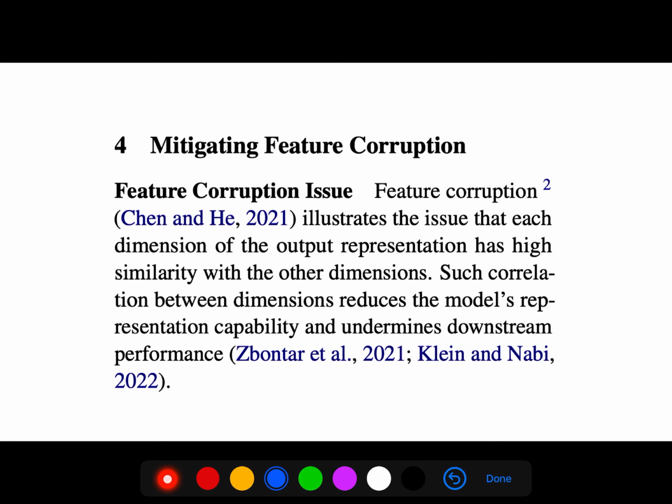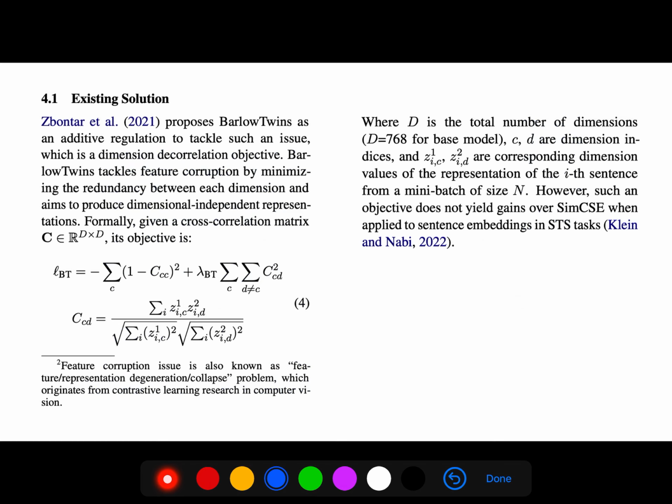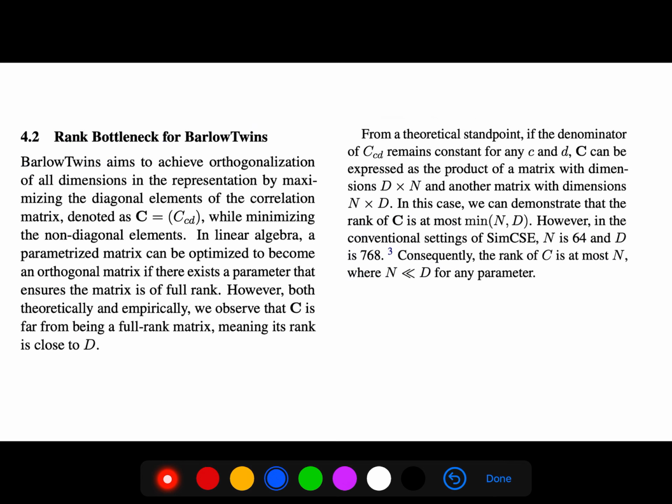So we have the feature corruption issue, and the existing solution for this contrastive learning, as I said, Barlow Twins, is very simple. I've explained it in a playlist for contrastive learning. You just need to create this cross-correlation matrix, and that's it. Because if you create this matrix, then some entries are used for the loss, and you backpropagate the loss to tune your weights. And there is a rank bottleneck for Barlow Twins, as I said.